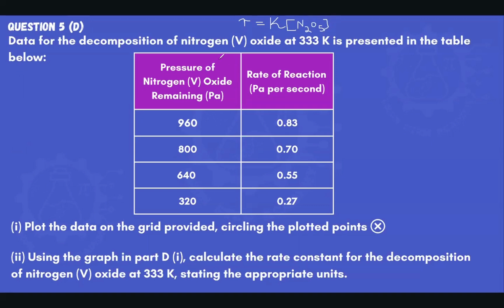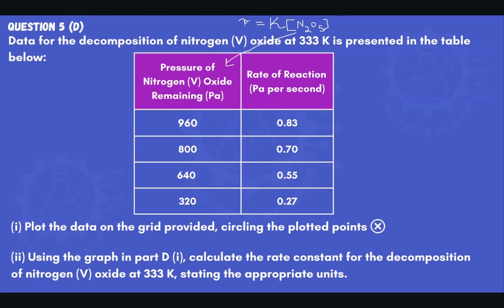But now in this data table the concentration is pretty much a pressure. So what we're seeing is that the rate law describes how the rate changes with the pressure of nitrogen 5 oxide.